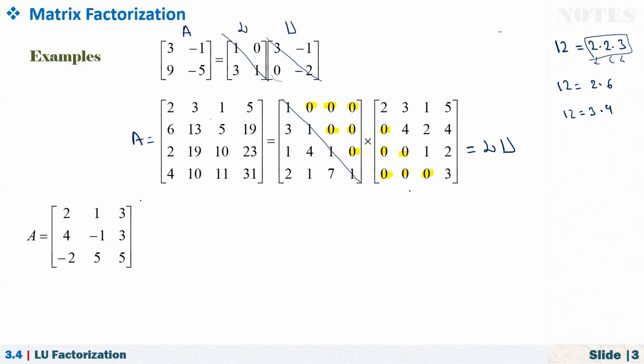So now, how am I going to do this? By performing a few elementary row operations, right? Actually, we can reduce this to row echelon form. Or I can just create zeros under the main diagonal. How do I do that? The first one is here.